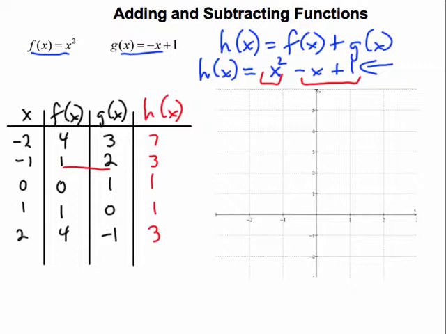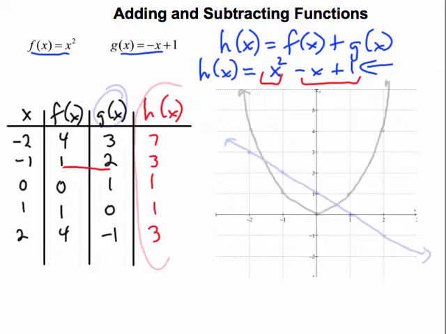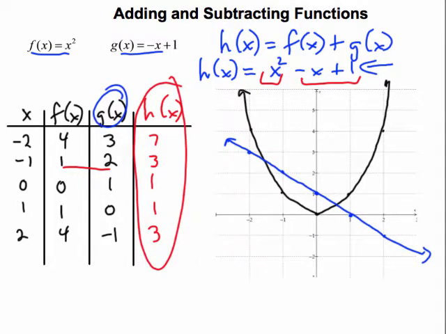Now if we graph all of these functions on the same grid, then on my new graph I can think of the points that I get as the sum of the y values of the original. So for example, at -2, I'm basically adding y equals 3 and y equals 4 to get y equals 7, which is off my grid. So let's do -1.